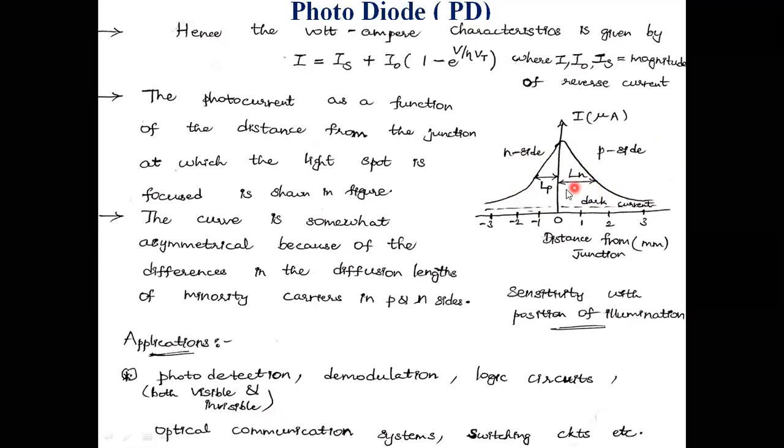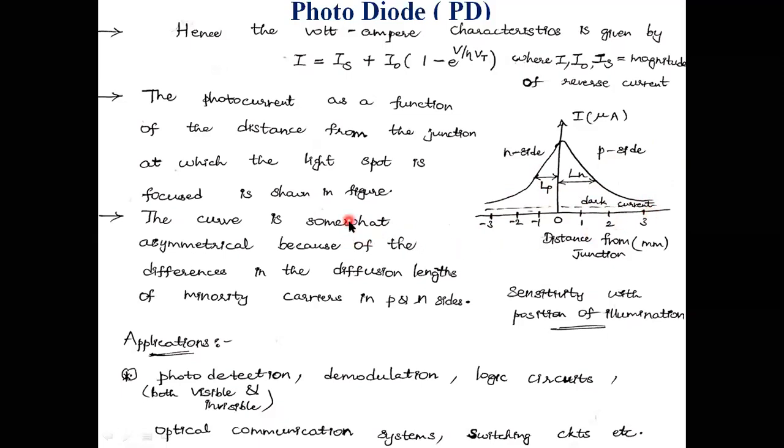Here the suffix notation is reversed. The diffusion length due to minority carriers present in the p side is given as lp, whereas the diffusion length with respect to the n side is given as ln here. Some dotted lines are provided below 0, indicating the dark current.